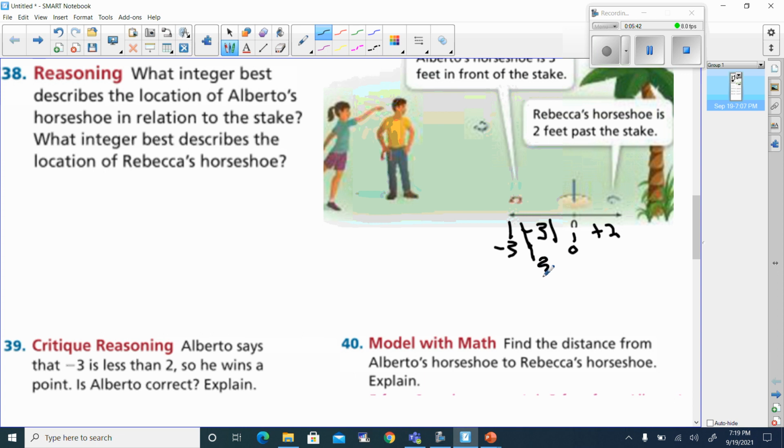So that's 3 feet from here to here. Then we'd find the distance of Rebecca's, and that is 2 feet from here to here. Now we'd have to add them together, and 3 plus 2 is 5, so that tells me the distance from Alberto's horseshoe to Rebecca's horseshoe is 5 feet.